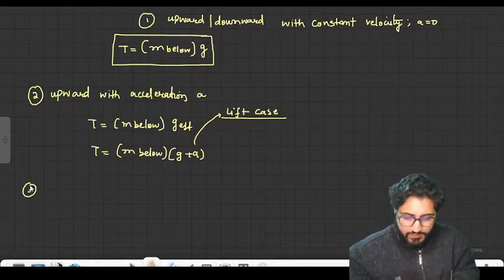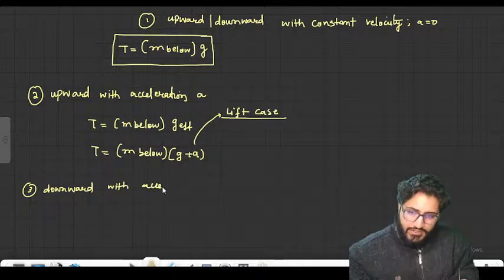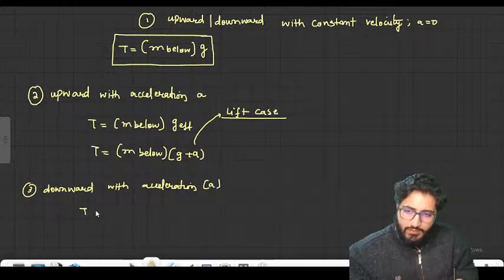Third one, downward with acceleration A. So T will be mass below into g effective.